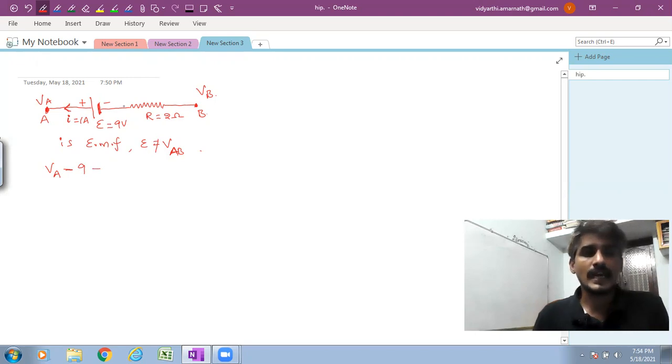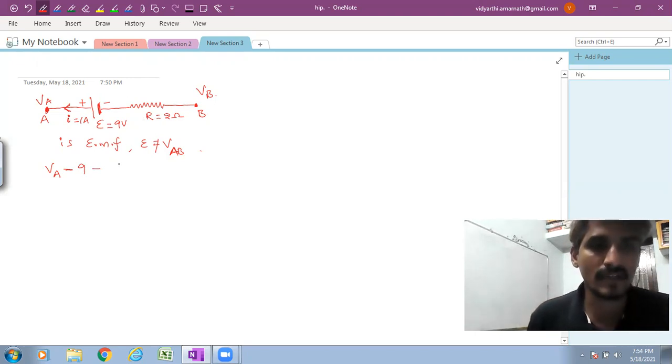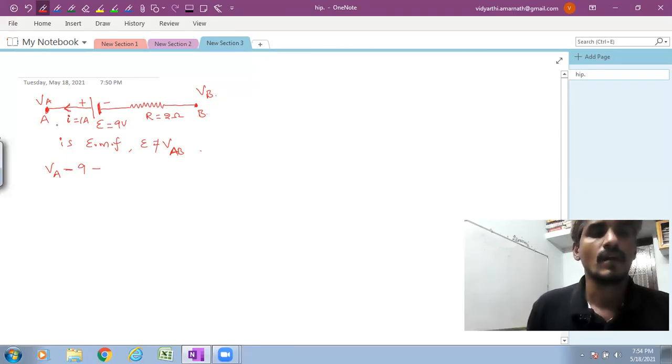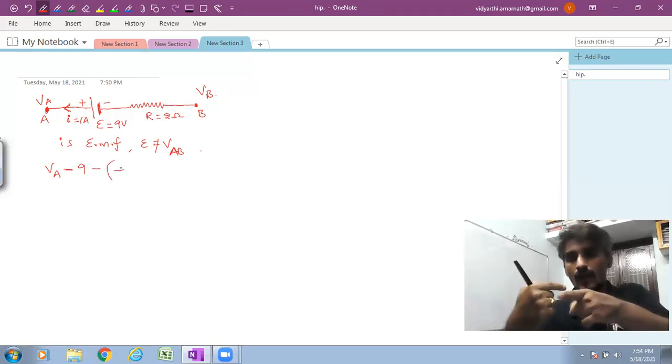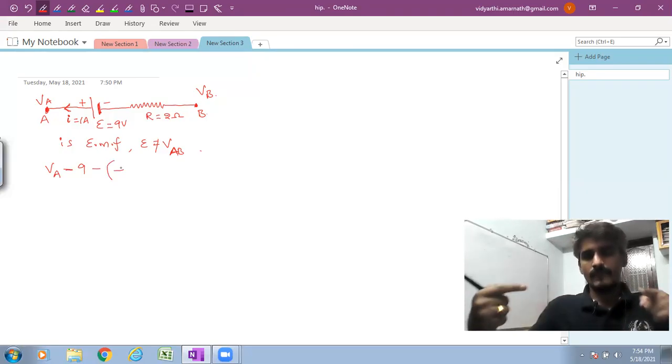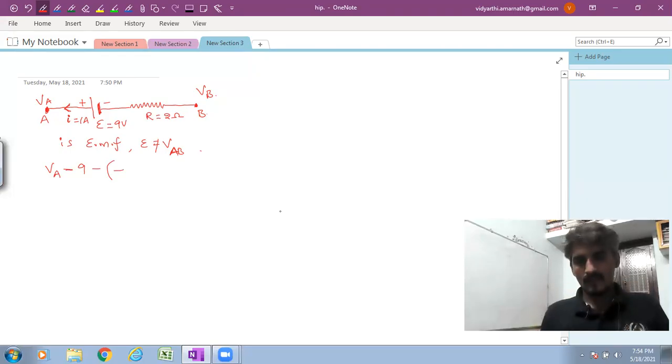The current will be opposite to the flow of electrons here. That's why we have to write minus. When the current is opposite to the direction in which we are moving, it is taken as minus.